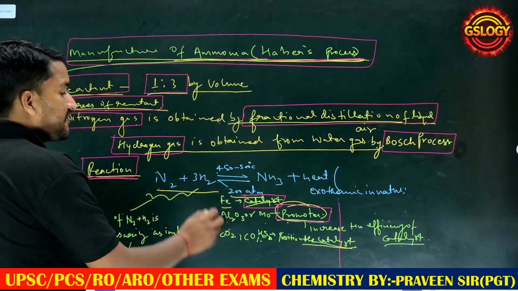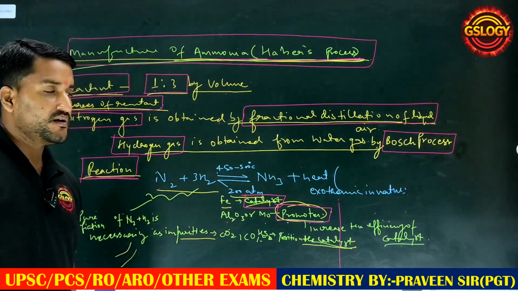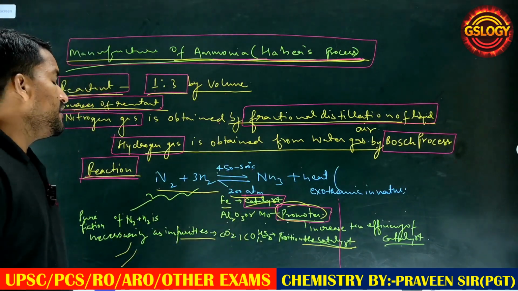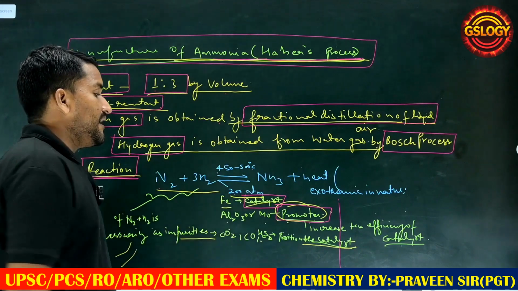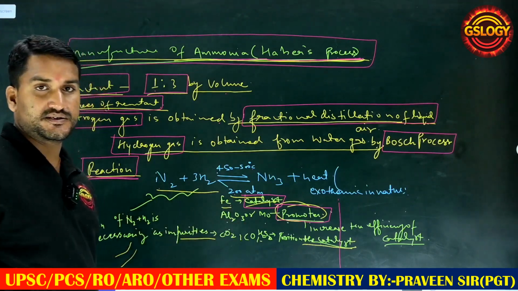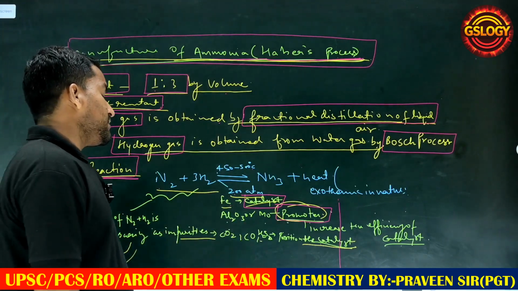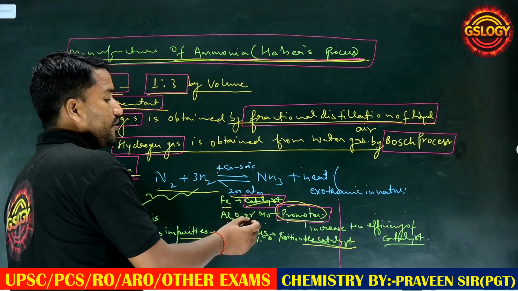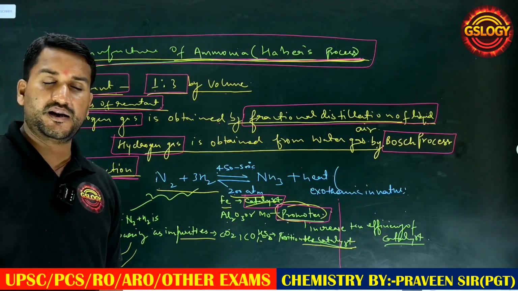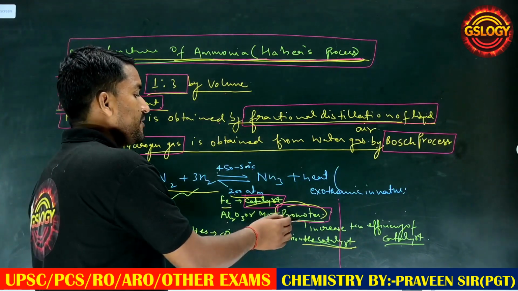Nitrogen reacts with hydrogen at 450 to 500 degrees Celsius at 200 atmospheric pressure, and also uses an Fe catalyst, or Al2O3 or molybdenum, and Al2O3 or molybdenum is considered as a promoter.